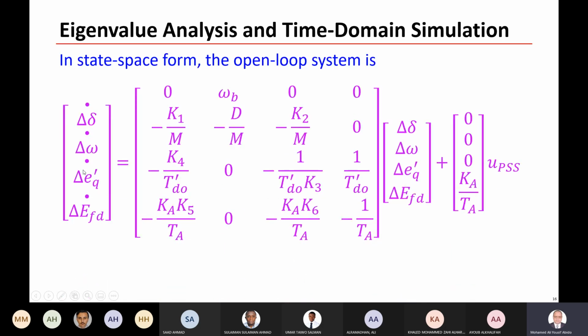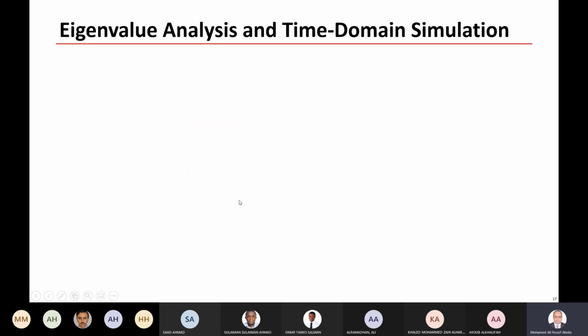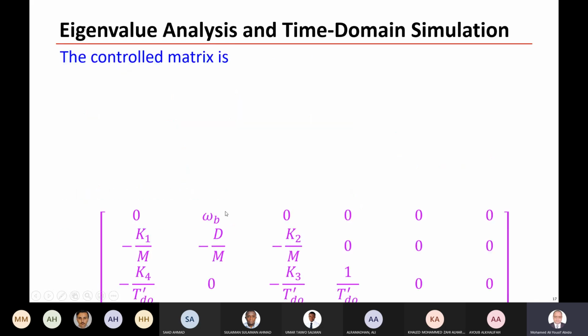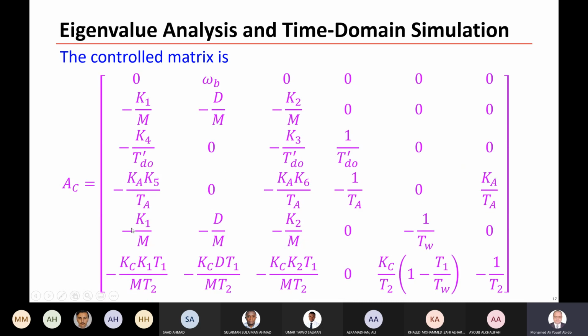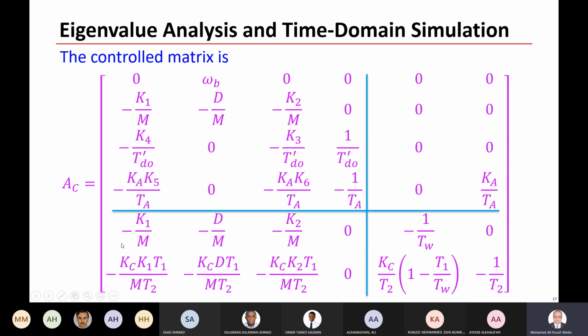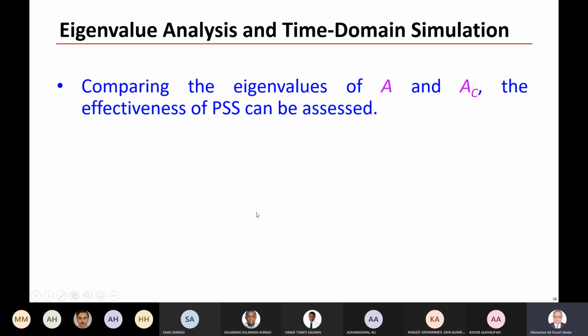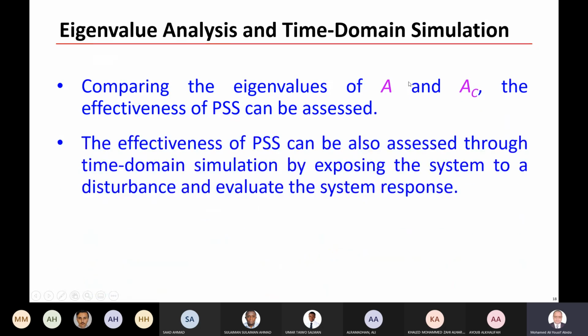Of course, once you design, this is the open loop. You can check the eigenvalues of the open loop, and you can now have the closed loop matrix. We already developed it. You can substitute KC, T1, T2, TW, and all this, and you can have the eigenvalues of the AC.